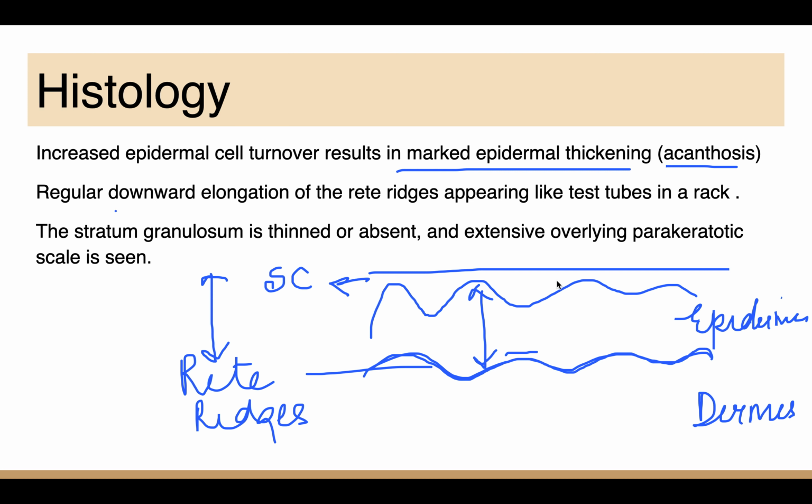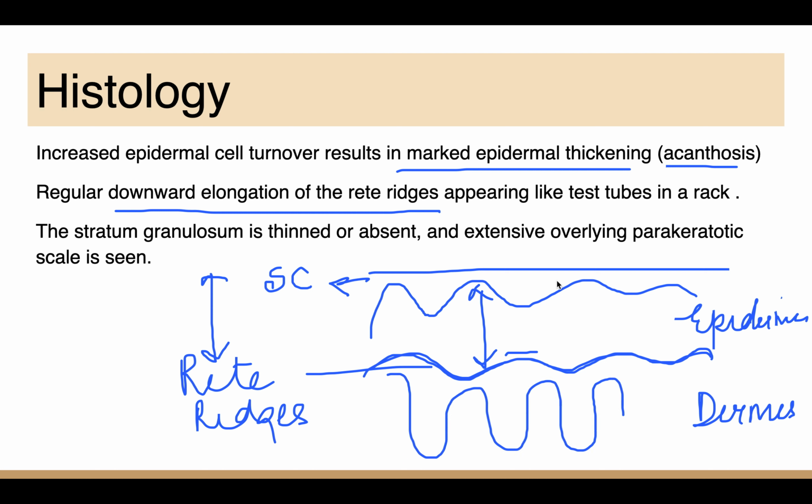There is downward elongation of rete ridges, such that they look like test tubes in a rack. Then the other thing that happens is parakeratosis. Parakeratosis means there are nuclei present in the stratum corneum.